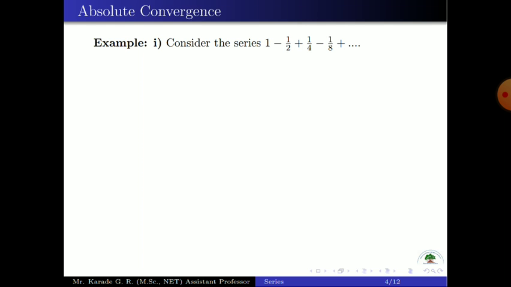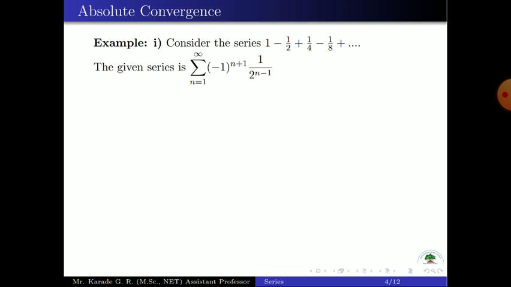Consider the series 1 minus 1 half plus 1 by 4 minus 1 by 8 plus dot dot dot. The given series is summation minus 1 raised to the power n plus 1, n equal to 1 to infinity, 1 upon 2 raised to n minus 1.